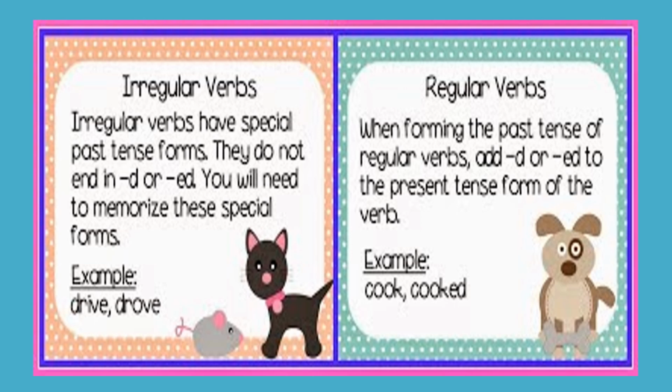In irregular verbs, we have to memorize the changes in the verb in different tenses. So regular verbs are easier because we have to add only the D or ED to change in past tenses.